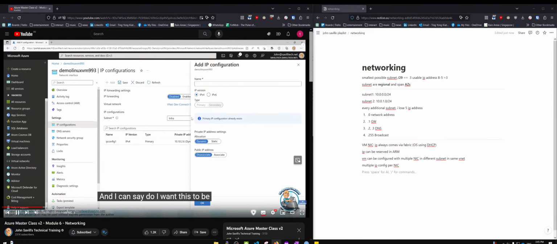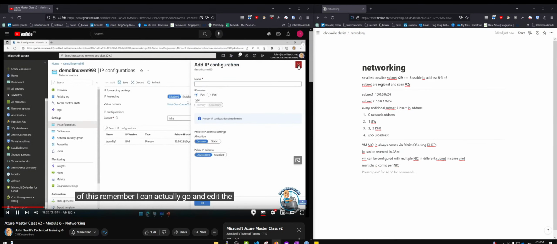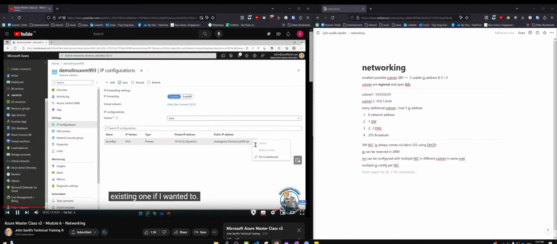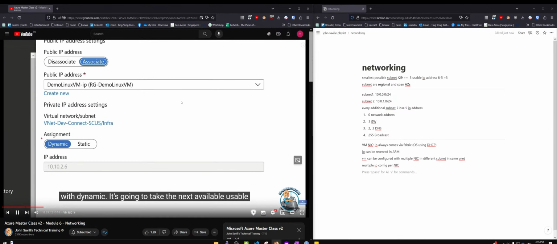And I can say, do I want this to be a dynamic or static allocation, and do I want a public IP with this IP configuration? Remember, I can actually go and edit the existing one if I wanted to. Just look at this IP configuration. The assignment by default is dynamic. It's going to take the next available usable IP address and use it for this NIC.